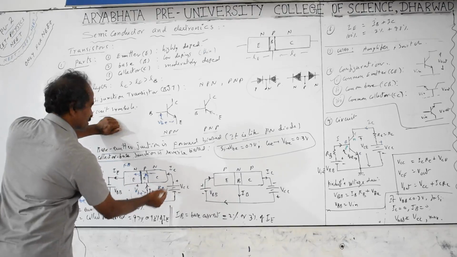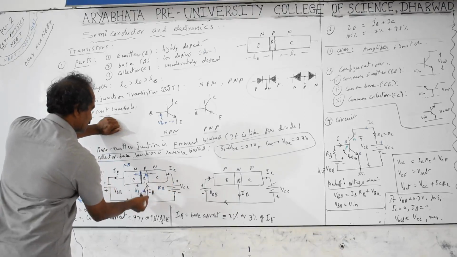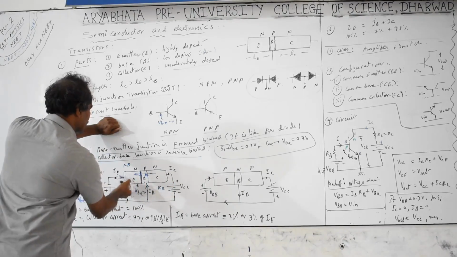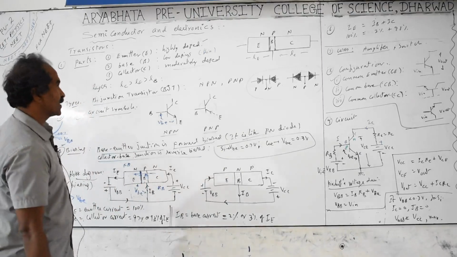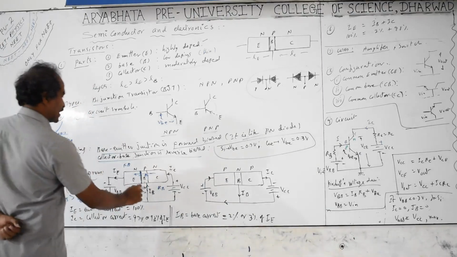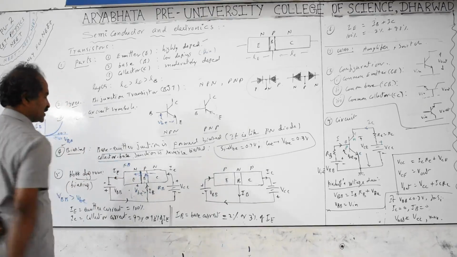Conventional current is in the opposite direction. This whole conventional current comes like this, and this current is joined and passes as the emitter current. So the emitter current is equal to base current plus collector current. This is the conventional current direction; electron flow is just the opposite direction.